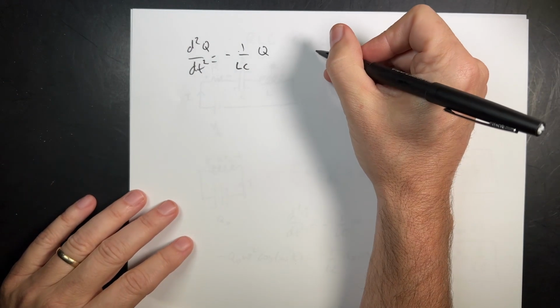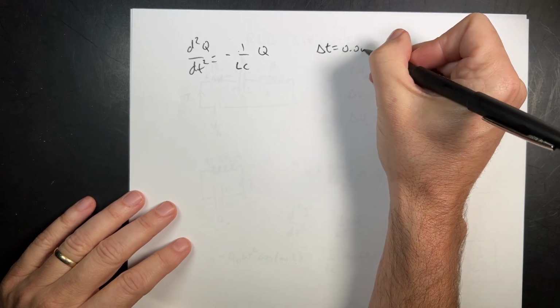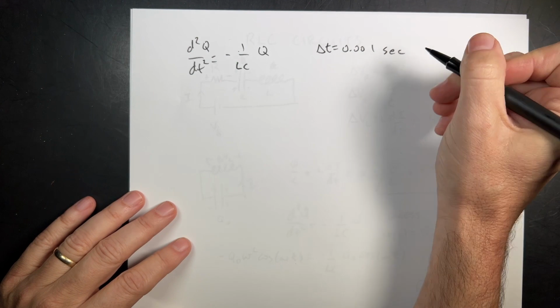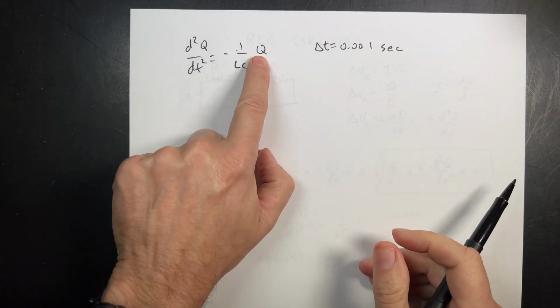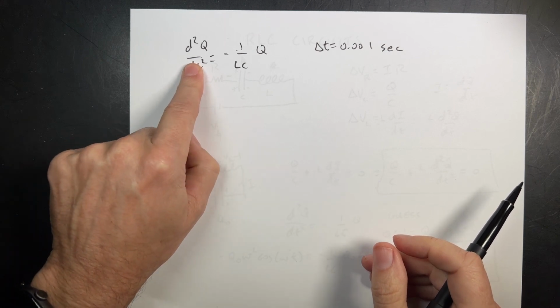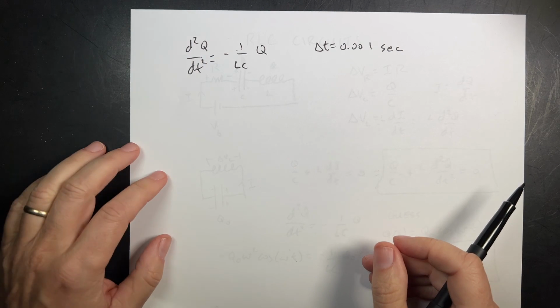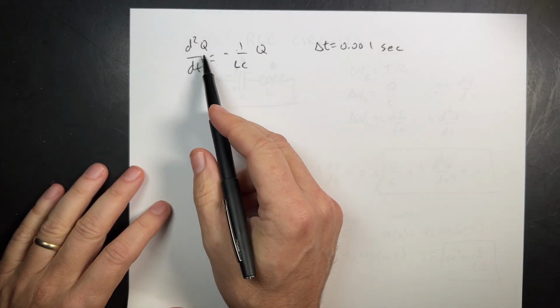Suppose I break this into short time intervals, delta t equals 0.001 seconds. During that time interval, the charge will change, and so dq/dt will change. But it's possible that I could assume that this value is constant.